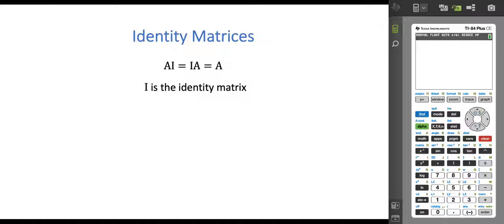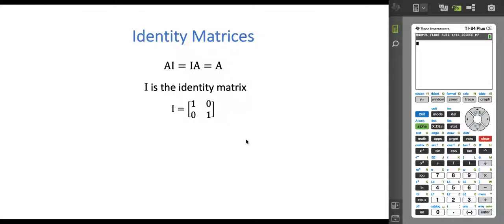So this I is the identity matrix. Now, if A was a 2 by 2, the identity matrix associated with a 2 by 2 is this matrix right here: 1, 0, 0, 1. Ones on the diagonal, zeros everywhere else.